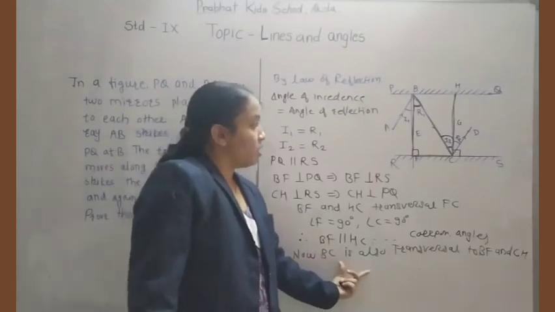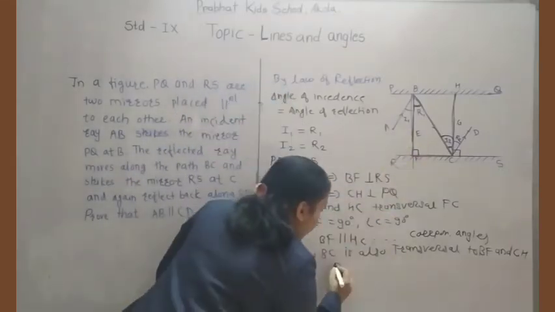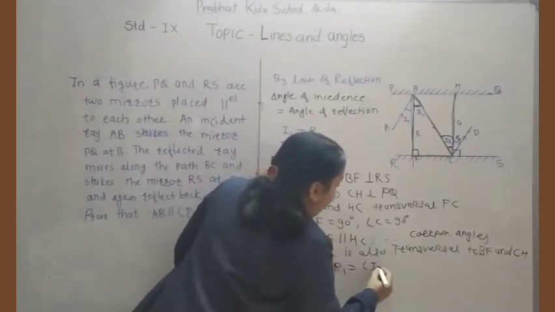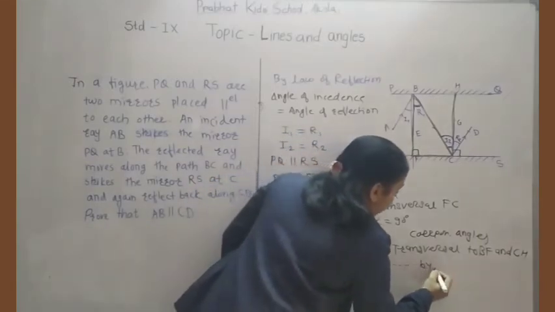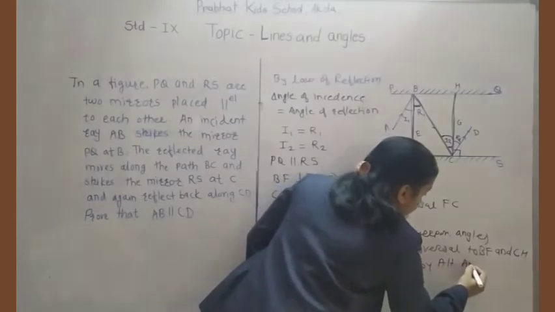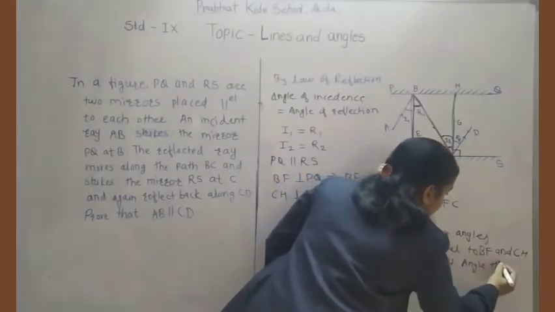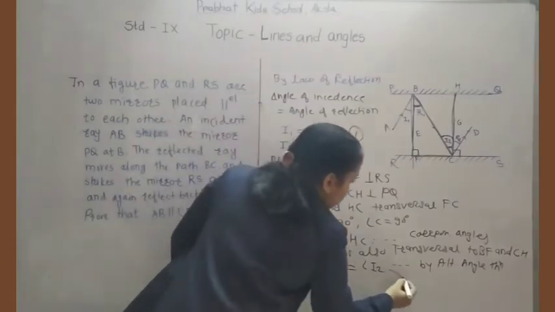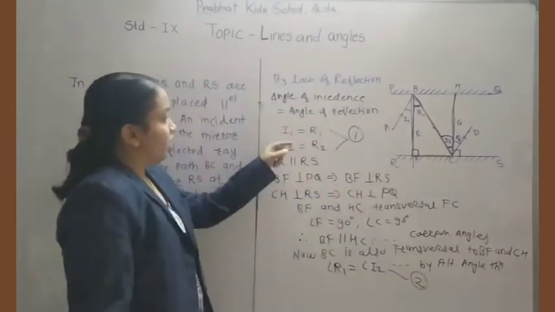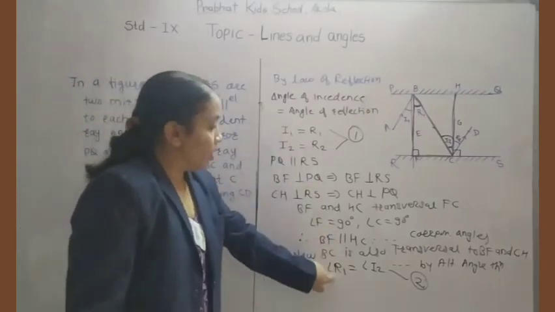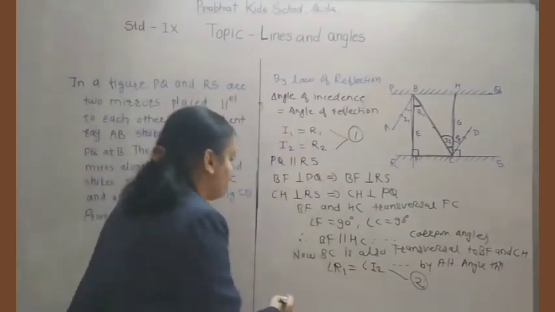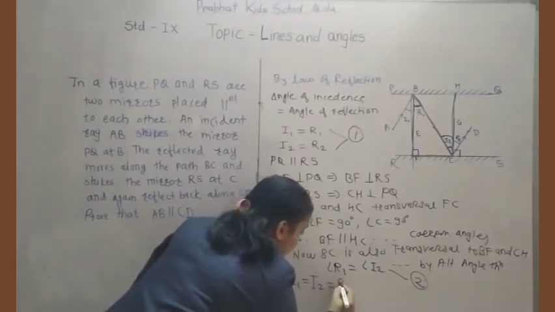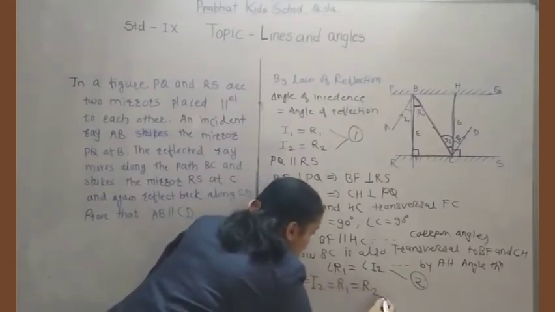Now with BC as a transversal, angle R1 is equal to angle I2 by the alternate angle theorem. Now this is our equation 1 and this is our equation 2. You can observe I1 is equal to R1, R1 is equal to I2 and I2 is equal to R2. So you can write I1 is equal to I2 is equal to R1 is equal to R2.